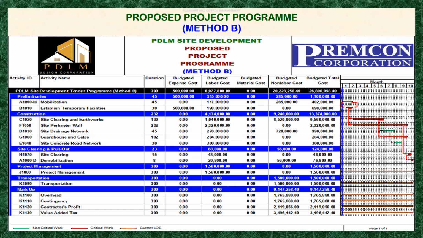That means we don't need to look up other pages for the data of method A, and the same thing for method B. This will be the look of the method A and B project program viewing in one set, as shown.